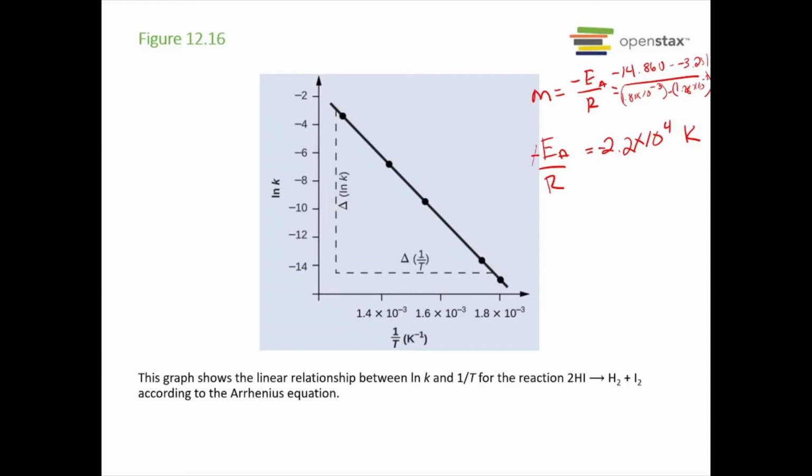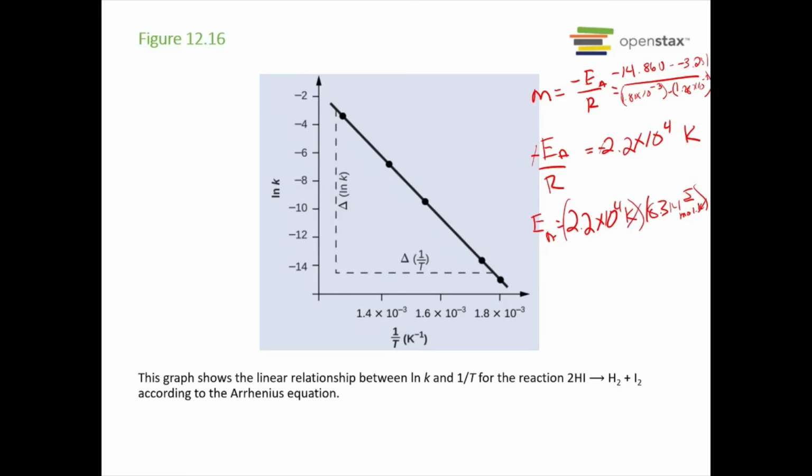Okay, so we can see our negative signs cancel out. And so now EA is equal to 2.2 times 10 to the fourth Kelvin times 8.314 joules per mole Kelvin.